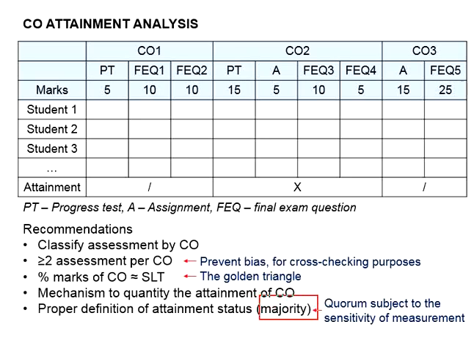Now, how do you define the majority? Some say 80%, some say 75%, some say 2/3, or simple majority, which is more than 50%. Now, this quorum, whether it is 50% or 80%, is very much subject to the sensitivity of the measurement.